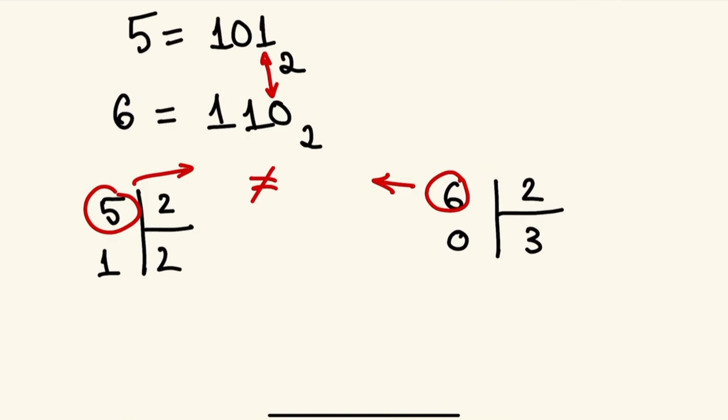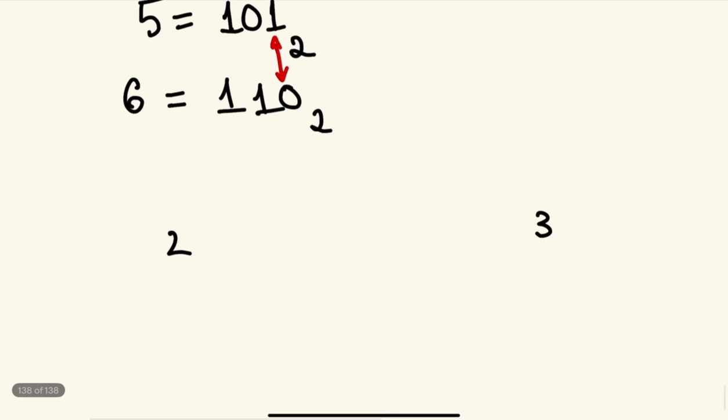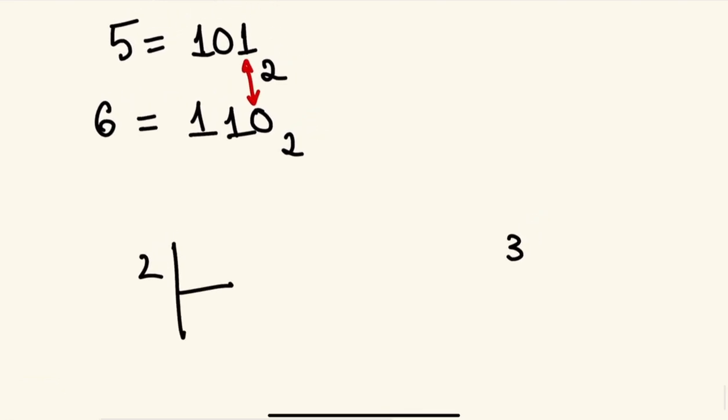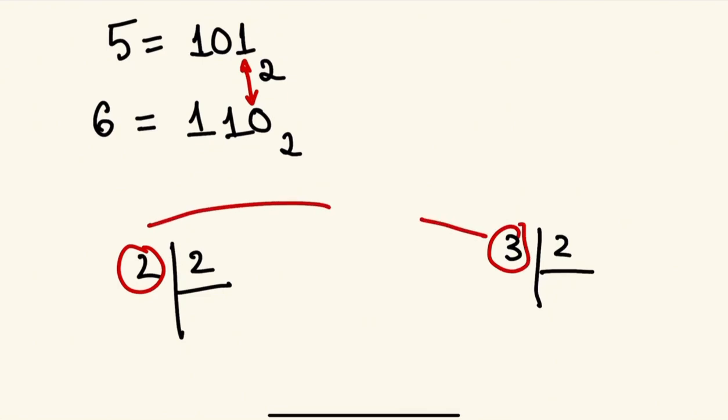So we're going to get started with the next number. This one divided by 2 again, this one divided by 2 again. So obviously this one is an even number and this one is an odd number, so you can have another difference here.